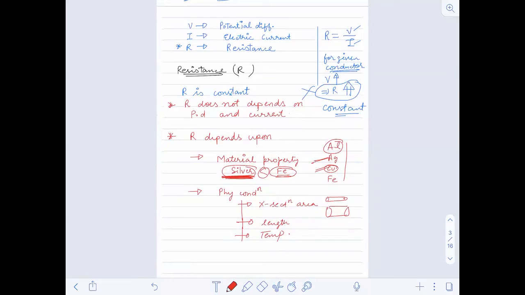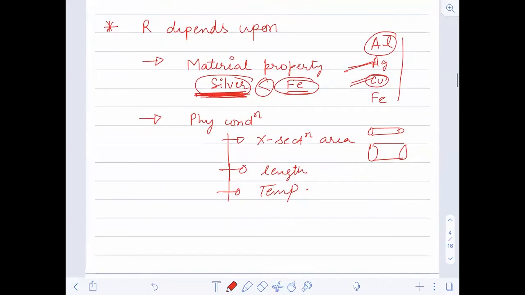One more important point you have to write, just an information kind of thing, is the SI unit. Anything that conducts electricity better will have good conductance. Good conductor has good conductance.